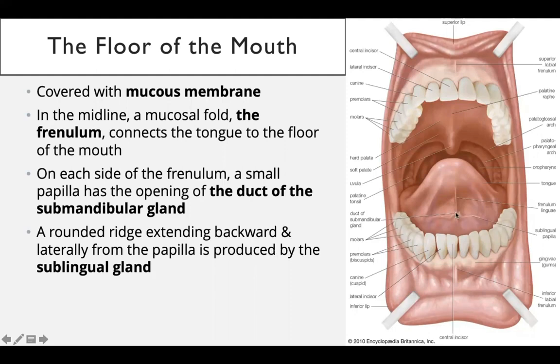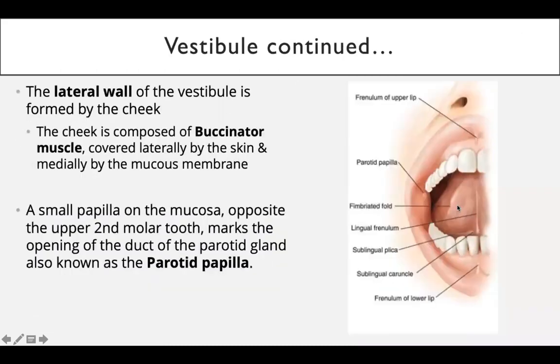One is the submandibular, on the lateral sides of the frenulum. Then there is the sublingual gland, which is on the lateral side of the submandibular gland, which forms a rounded ridge that extends laterally and posteriorly, or backwards. And the third one was the parotid papilla, remember, which is opposite the upper second molar tooth.